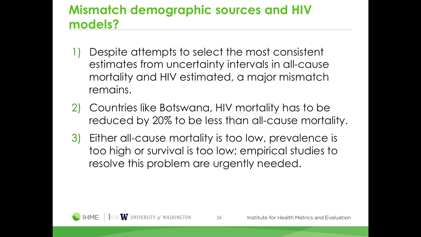This mismatch is up to 20% in some countries, and that's a lot of deaths, and that's a lot of degree of uncertainty. There were some efforts in the GBD process to try to take the two uncertainty distributions from the uncertainty in the demographic estimate and the uncertainty in the modeled HIV and pick the subset that were more consistent with each other, but that doesn't solve the fundamental problem in some countries. It attenuates it, but there still is this problem.